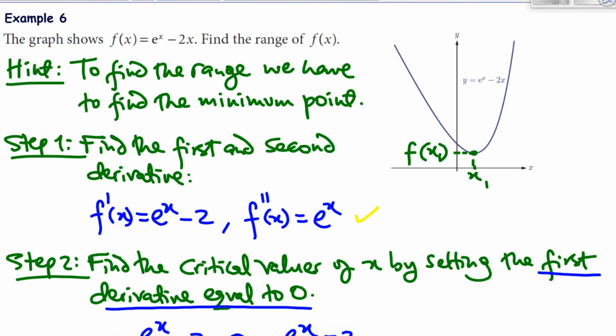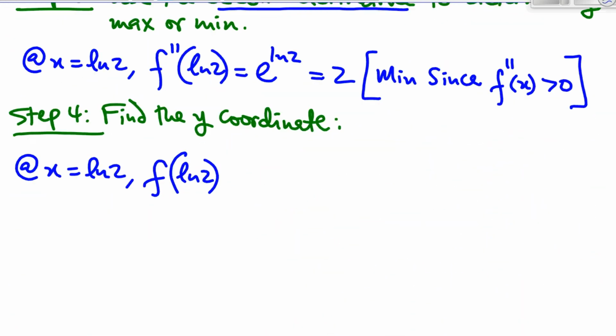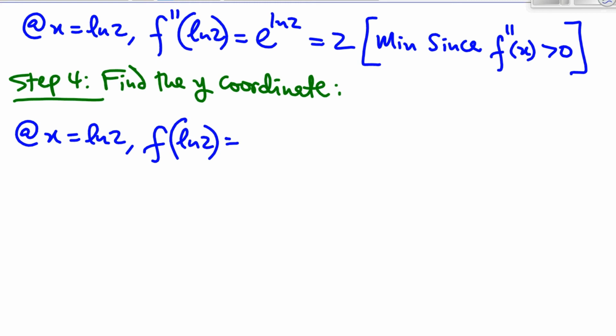The original function is e^x − 2x, so that will be equal to e^(ln 2) − 2 ln 2, which will be equal to 2 − 2 ln 2.